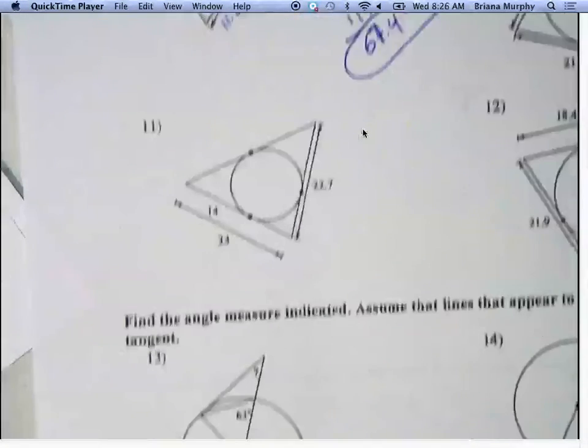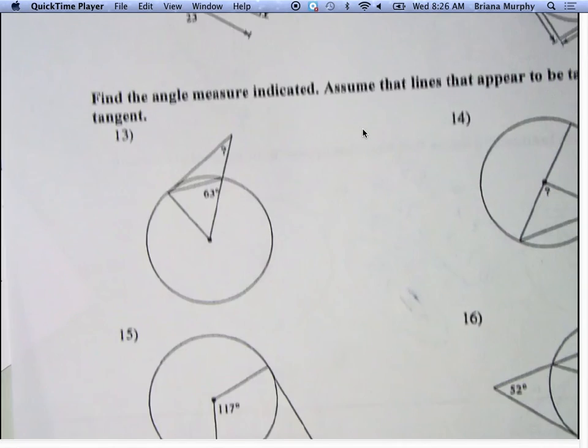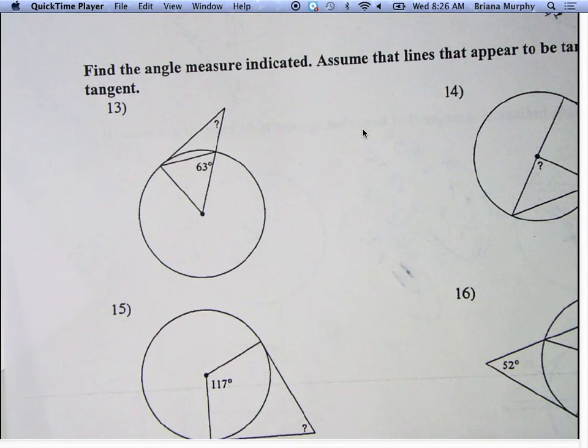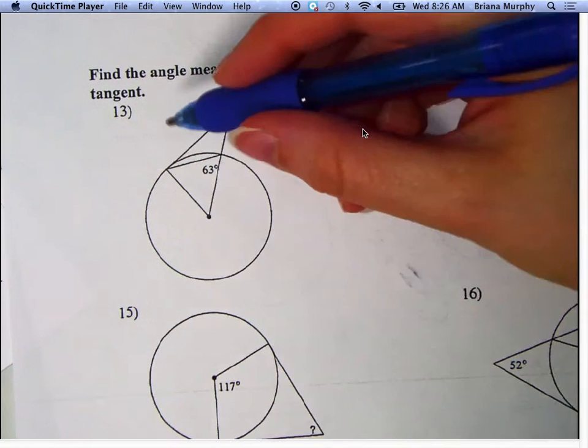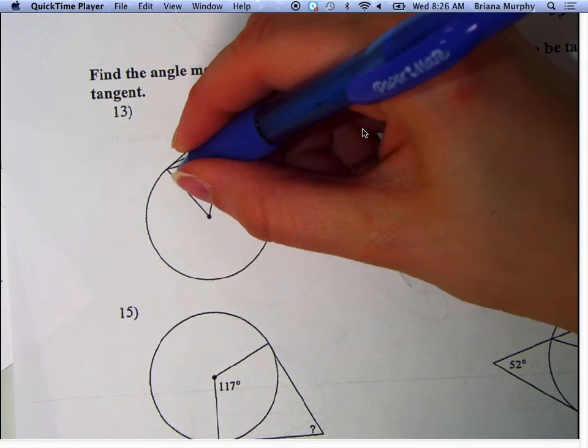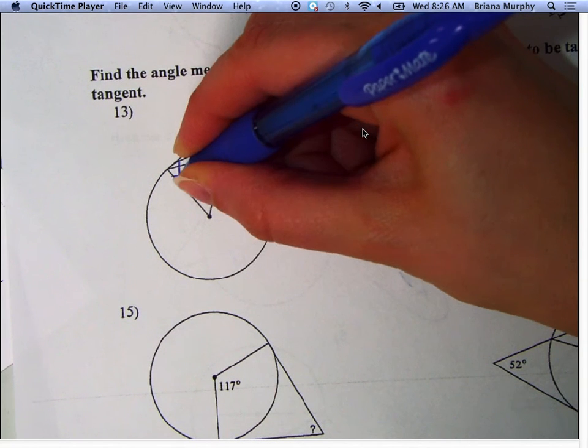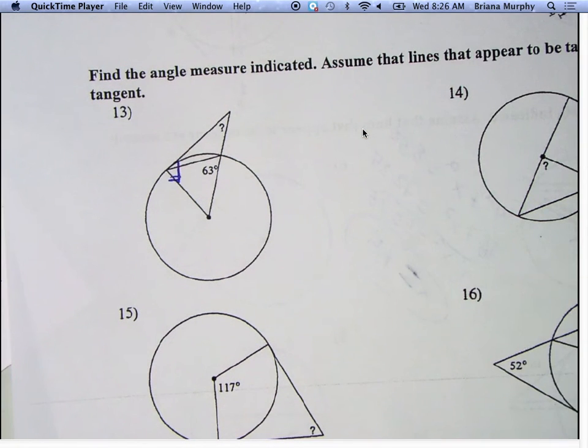Number 13. Find the angle measure indicated, assuming that the lines that appear to be tangent are actually tangent. Okay, so I know this is 63 degrees. I know that this is 90.